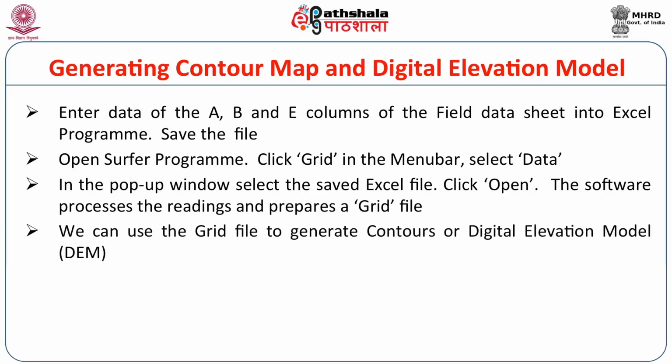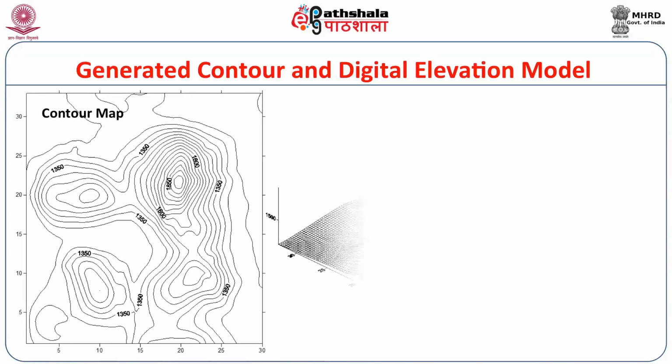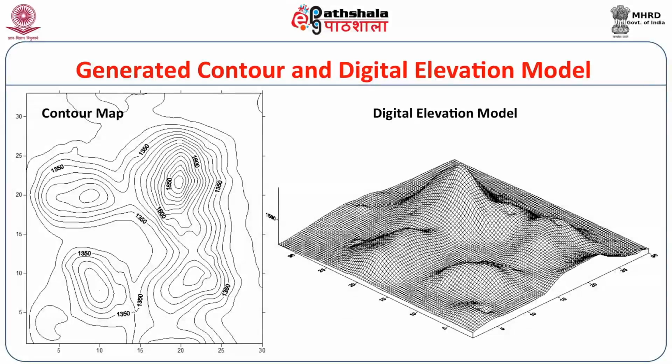This grid file can be used for generating both contours as well as the digital elevation model. After processing the data in the Surfer program, we can close the two pop-up windows, and the Surfer program has automatically saved the grid file. We can use that grid file for generating contours as well as the digital elevation model.